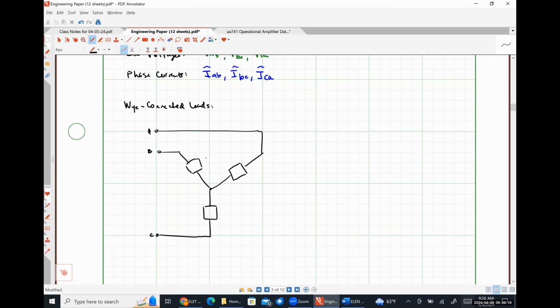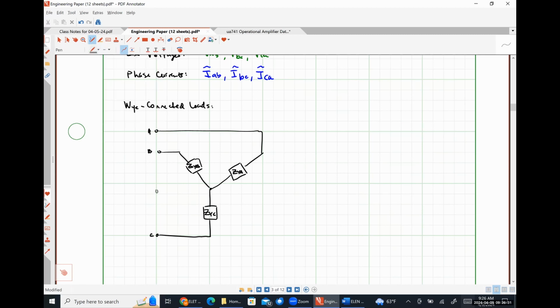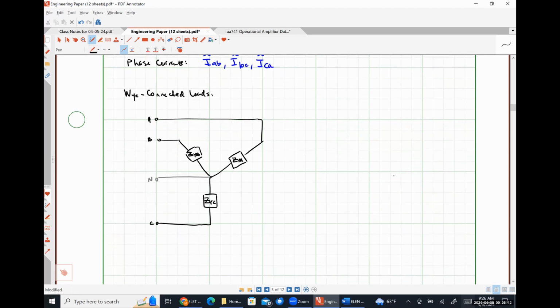So this is going to be impedance ZYA. Here will be impedance ZYB, and here will be impedance ZYC. We may also have a neutral conductor. So here's our classical representation, which again, I hate with a passion. Here is our modern representation.